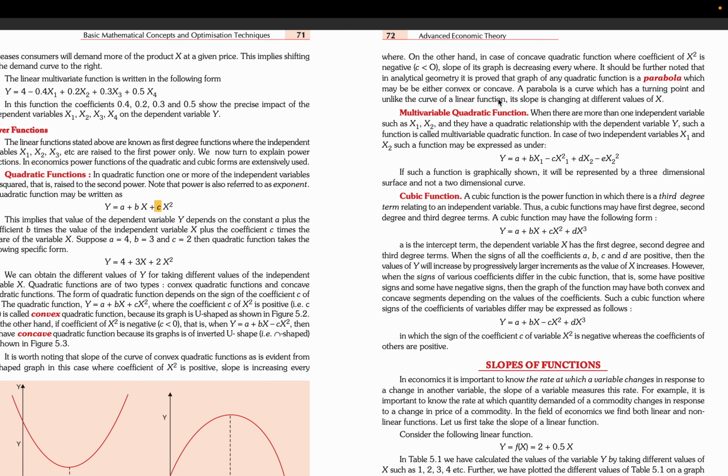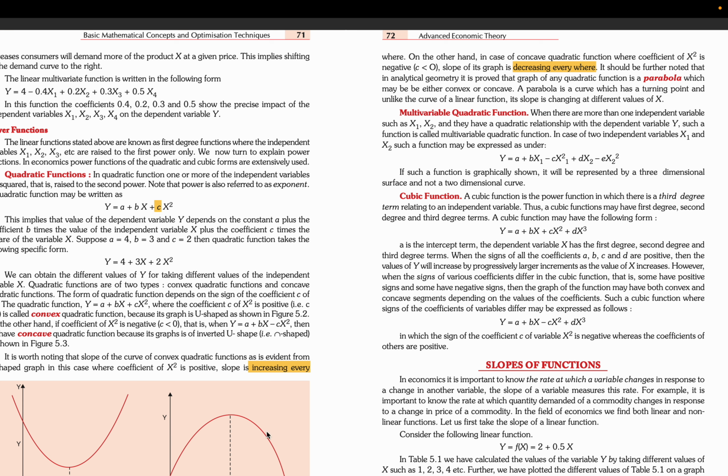A parabola is a curve. You can underline this if you want. So if you basically draw tangents here, the slope you see is going to be increasing everywhere. But if you draw it here, it's going to be falling.